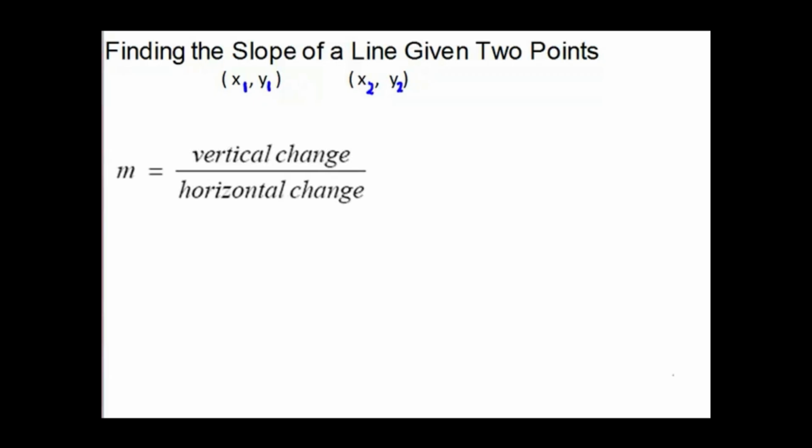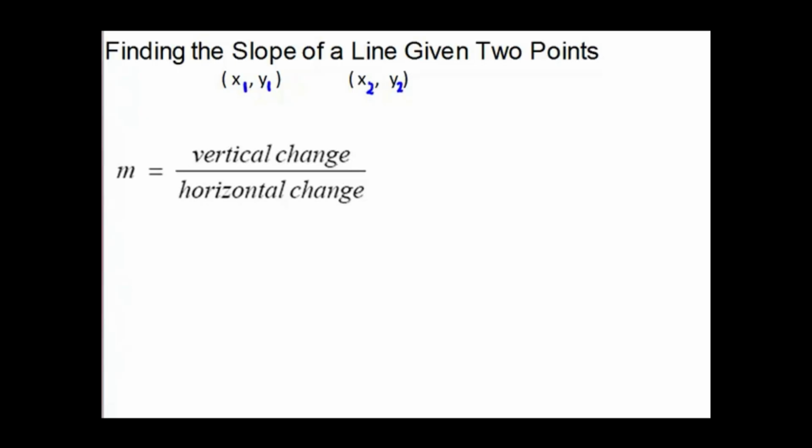Our definition for a slope of a line is vertical change compared to horizontal change. Which variable has to do with vertical movement? It is the y variable. And to find the change between two things, we could subtract them.